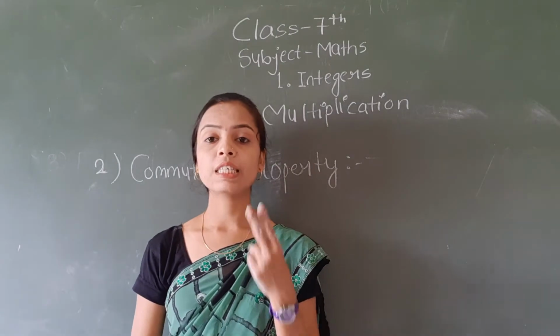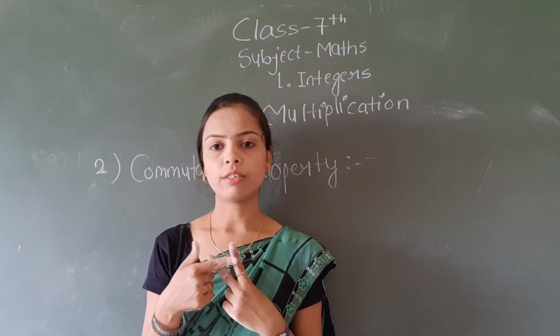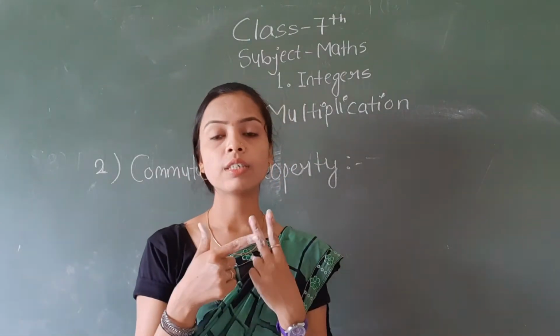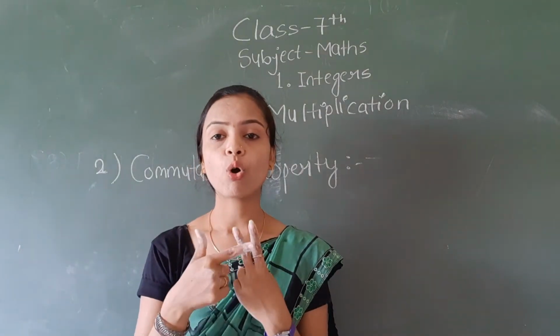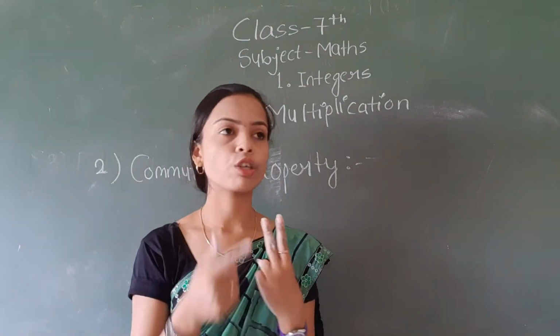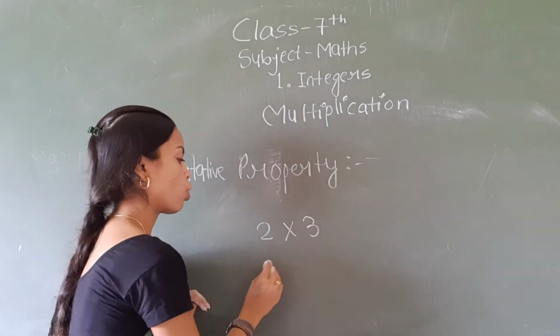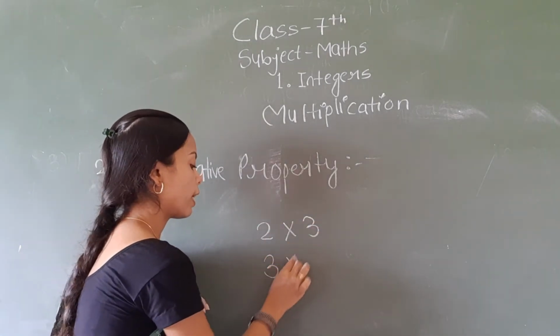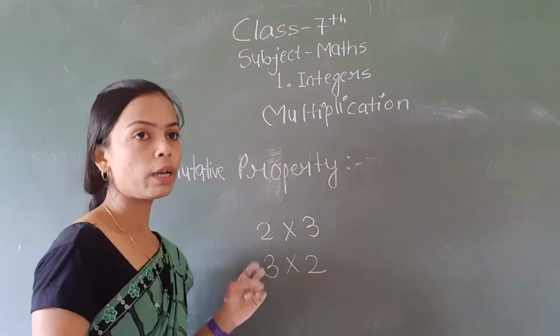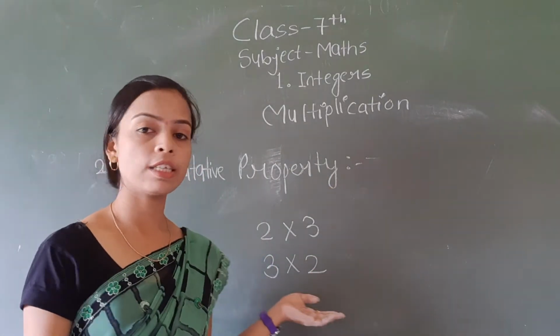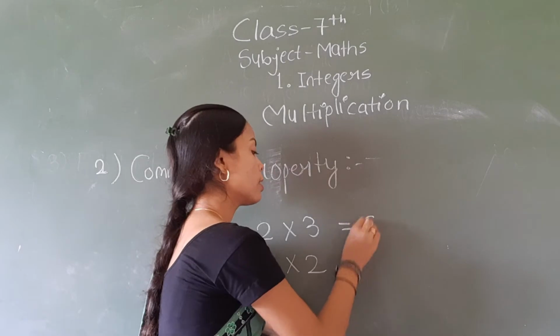Commutative property is if you are multiplying two integers and you change the order of them. If the question is 2 multiplied by 3 and you change the order, that is, you write it as 3 into 2, your answer will remain the same.